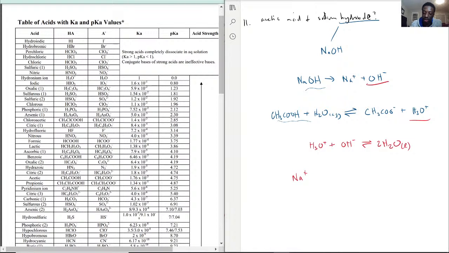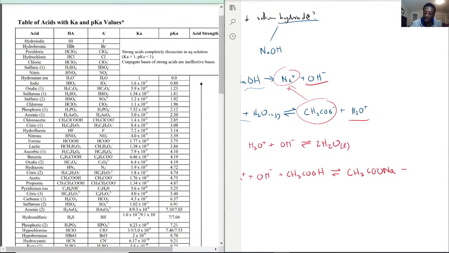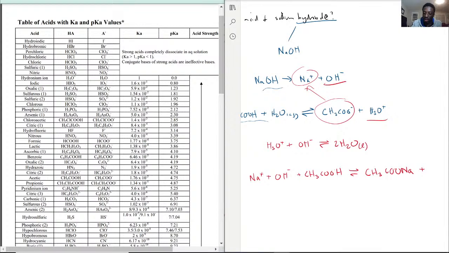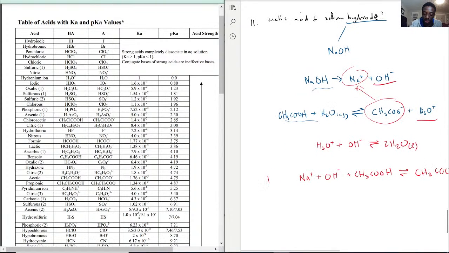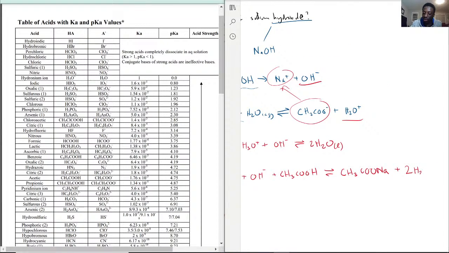So then together, what we're left with is Na+ OH- plus CH3COOH. That would go into CH3COO-, and the Na+ would form this, and then we have plus, oh, I almost forgot, plus H2O is the last part, because we still need that water, and there'll be 2H2O.